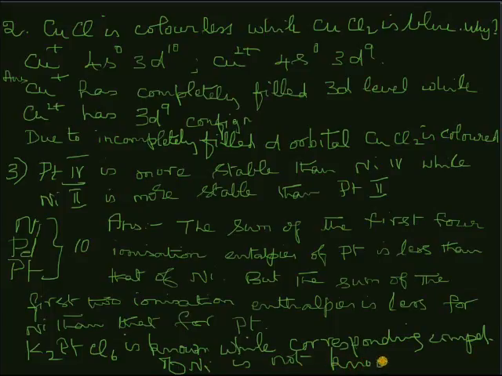What is the oxidation state of K2PtCl6? It is +4. We just now saw that the +4 state for platinum is more stable than that of nickel. So, a corresponding compound of nickel does not exist. The answer is the same for both the questions.